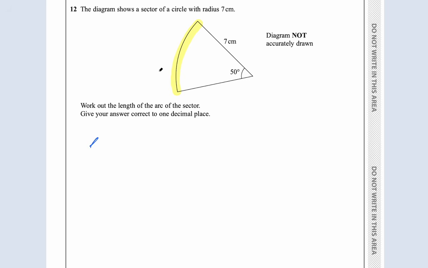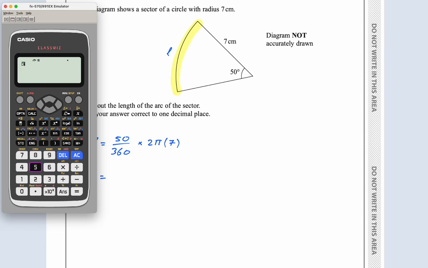The length of the arc, let's call it L, is equal to angle over 360, it's that fraction of the angle, times 2 pi r, because it's the circumference of a circle. So that's the circumference of a circle times this, and that'll give me the answer.